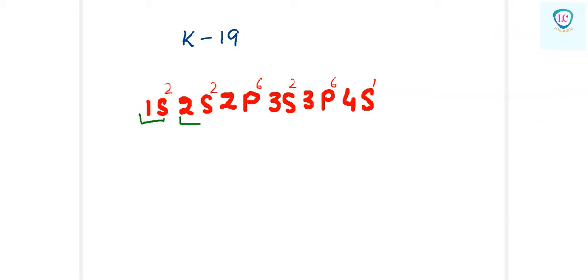The second shell contains two subshells, 2s2 and 2p6, and then the third shell has 3s2, 3p6. Then the 4s1, this is your valence shell, and the shell number, that is the fourth shell, is indicating that potassium belongs to period number 4.